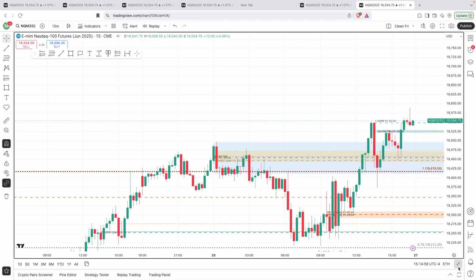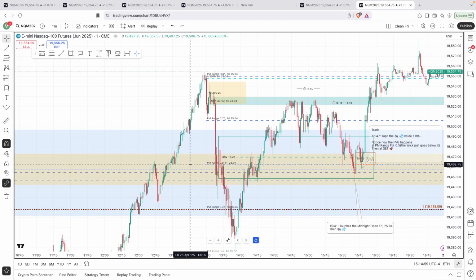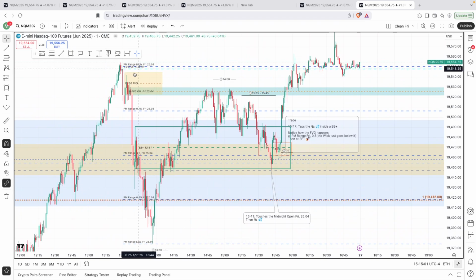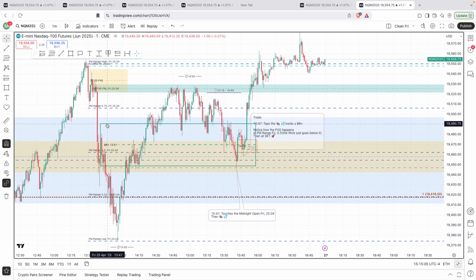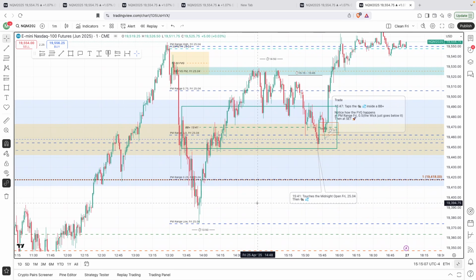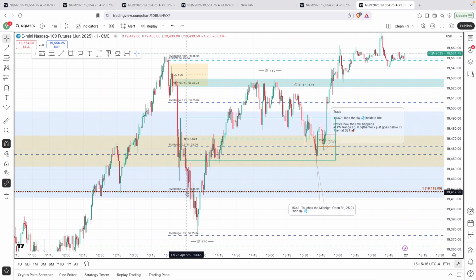And here we see the move on 1 minute. So we have the first fair value gap. Here we are inside of, so first we come down, we reach the high of the previous day of Thursday. And then price comes up.